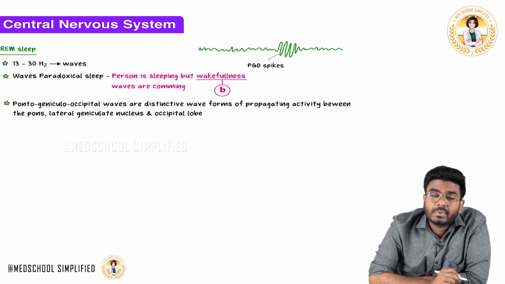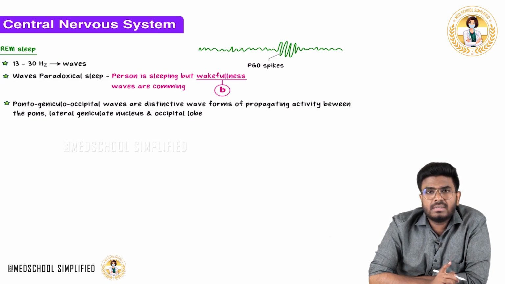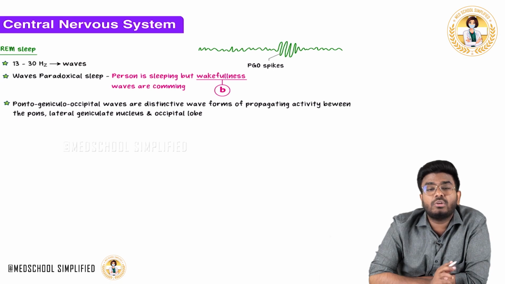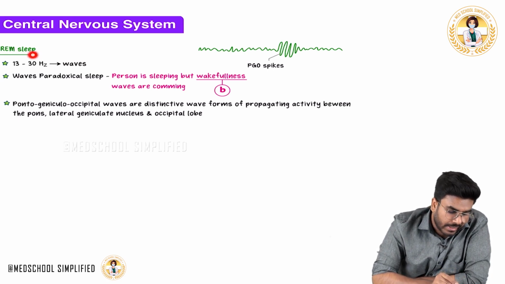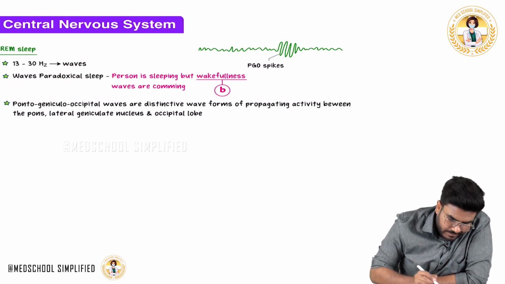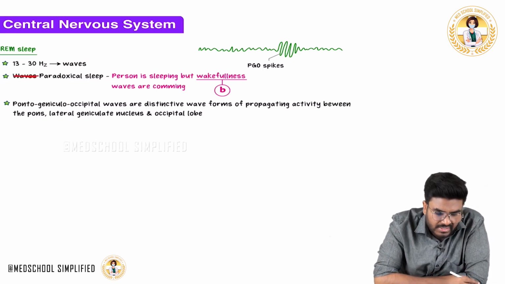But now what is happening? 13 to 30 hertz, which is a beta wave, is now coming during sleep. Beta waves are supposed to be seen during an active mind, but they are coming during sleep. This is something abnormal, right? Yes, this is abnormal. This is a paradox. So that's why REM sleep is called paradoxical sleep.